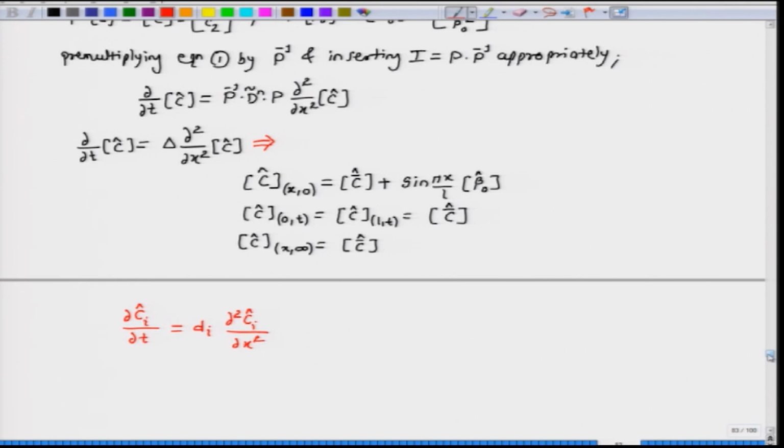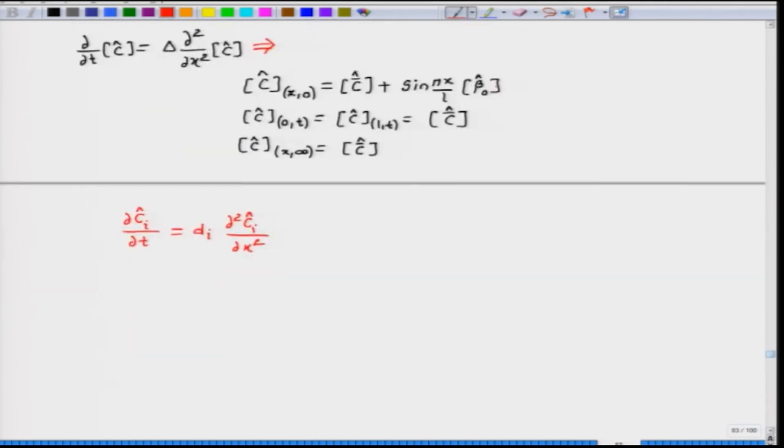Similarly, if we write the initial and boundary conditions in terms of the individual components, we will see that Ci cap at x and 0 should be equal to Ci bar in cap basis plus beta 0i cap sin(πx/L).